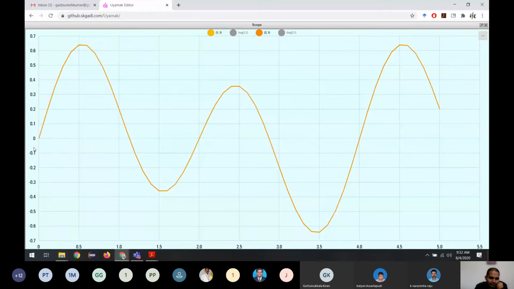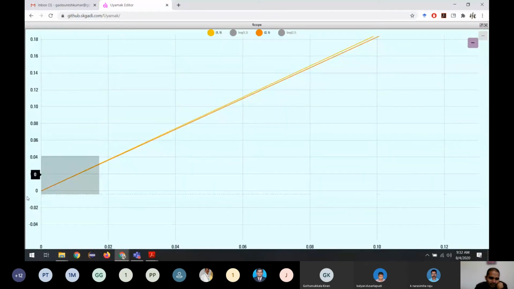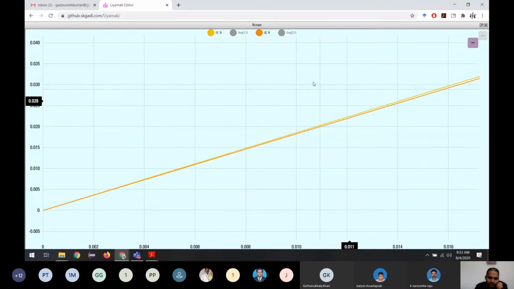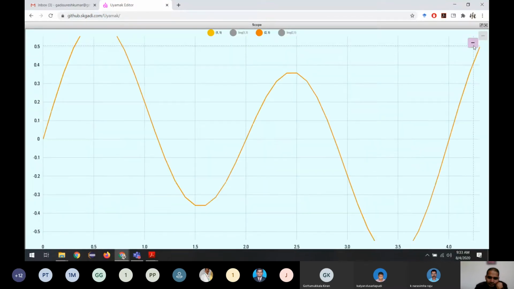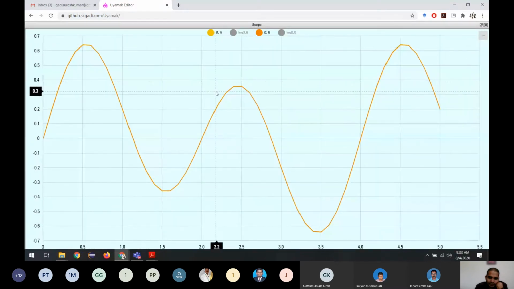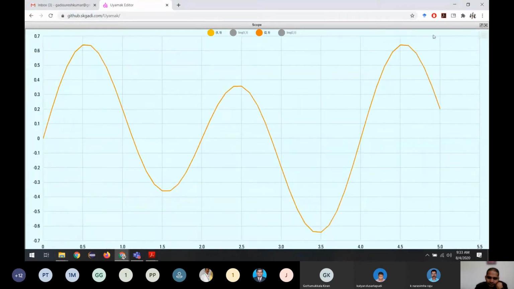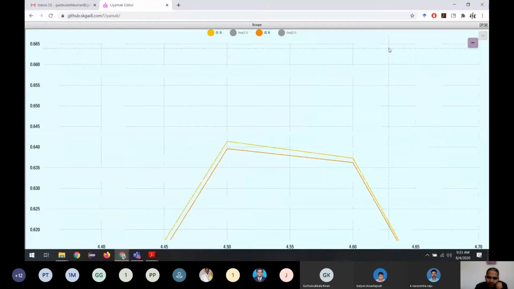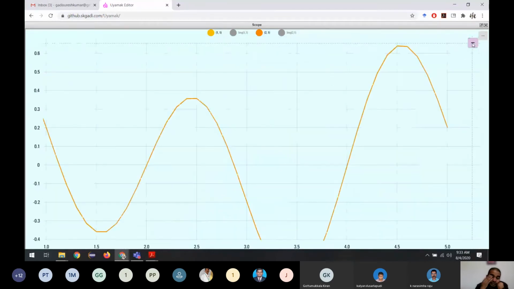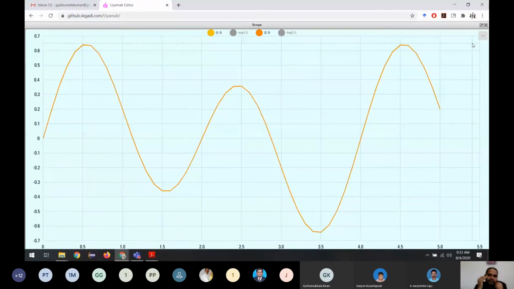If you zoom here, maybe during the starting there is a small difference, but in general the results are almost very close. But over a period of time, these two graphs should converge.